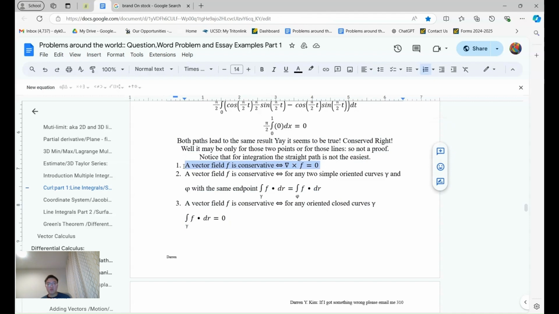Now, if you have to do number two, where we have orientation, where we have the same endpoints, you have to take it with a grain of salt.